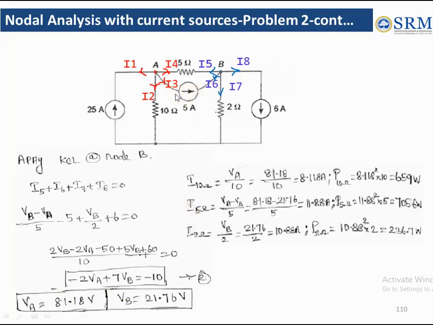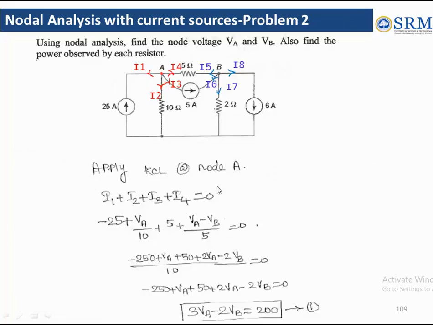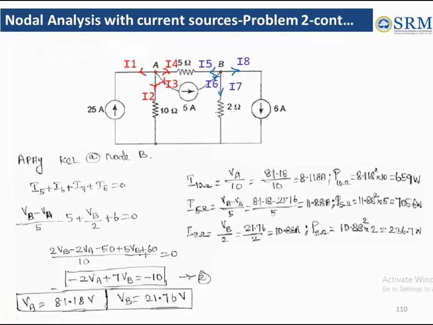So now we are supposed to find the current and power, actually the power absorbed by each resistor. So we are going to use the formula I square R. For that we find the current through the 10 ohm resistor, that is the I2 current. I2 is nothing but VA by 10. From that we apply the I square R formula to get the power in watts.